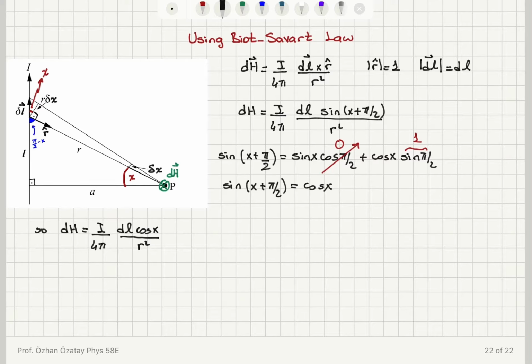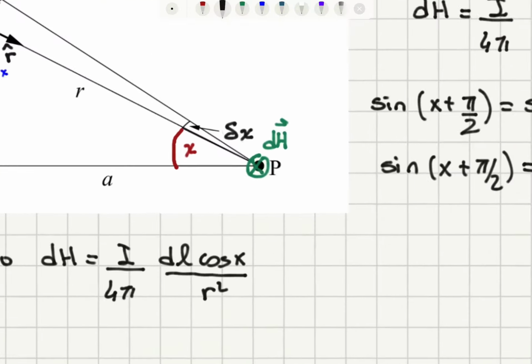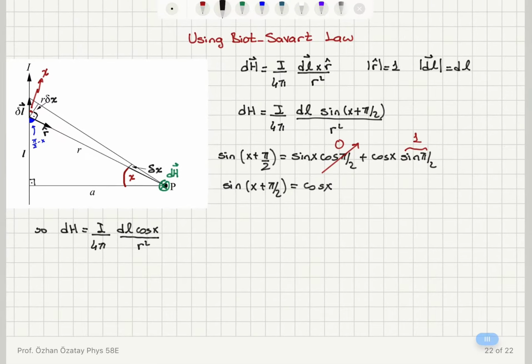Now I called the distance between the wire and the point of interest P to be a here. So if you look at this right triangle, r times cosine of x is equal to a. So instead of r, which is the radial distance between the current element and the point P, I can use a divided by cosine x.